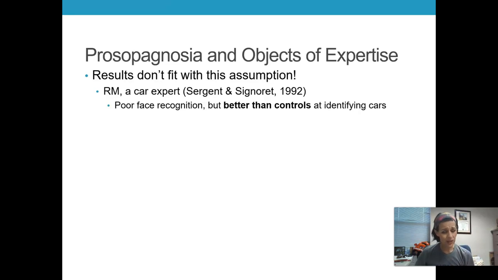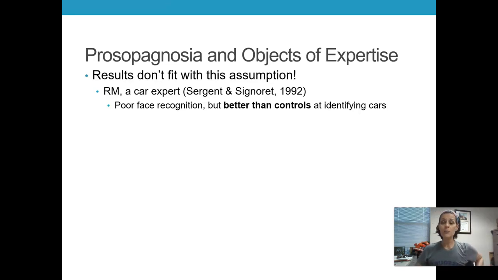And then let's focus on people with prosopagnosia. If that area is damaged, your areas of expertise will also become damaged if the fusiform gyrus is an expertise area. And it turns out that results don't fit with this. Sergent and Signoret back in 1992 reported a patient, RM, who was an expert in cars and had prosopagnosia.